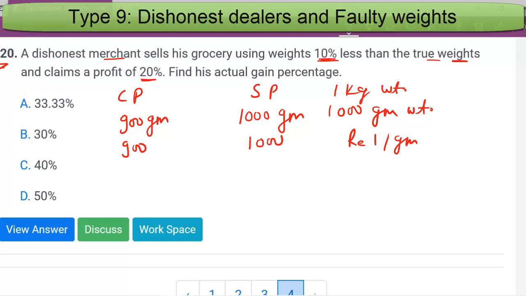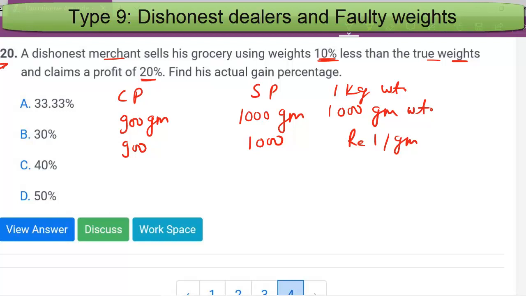This he is doing, but to the customer he is giving 1000 gram, and he claims a profit of 20% as well. If he had bought the goods and sold them at the same price, he would still have made a profit of 100 by 9, that means 11.11%.